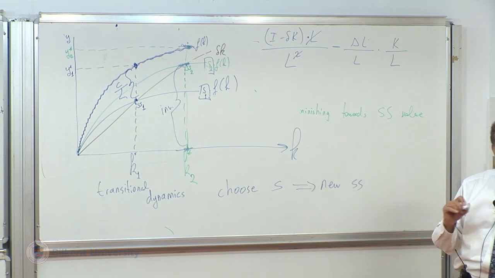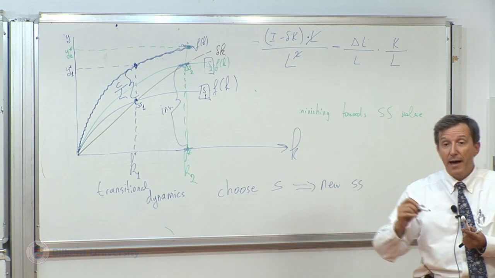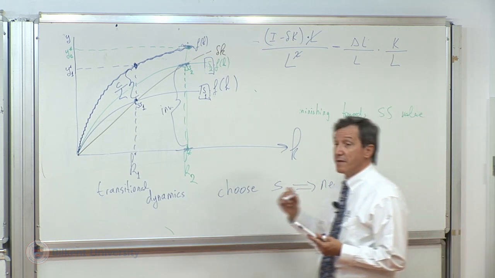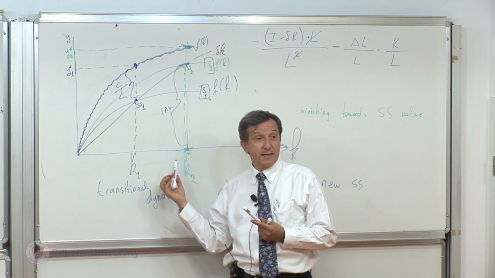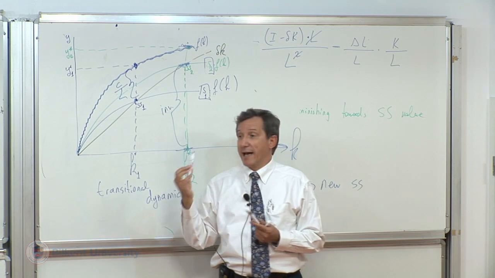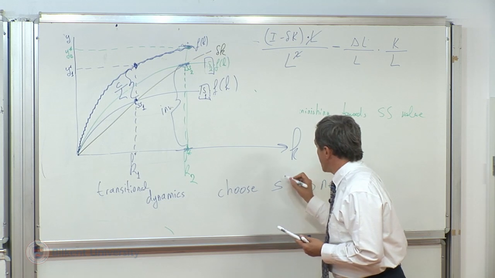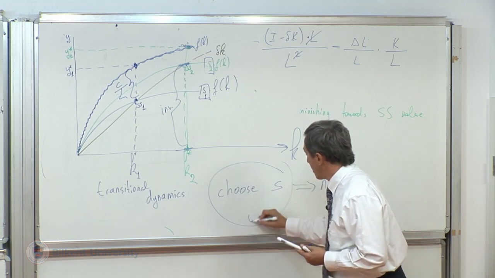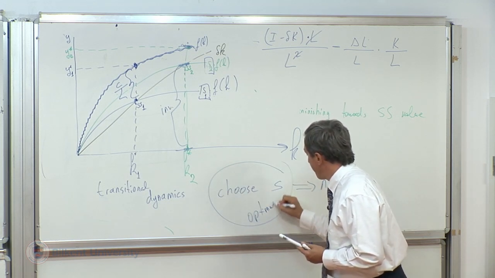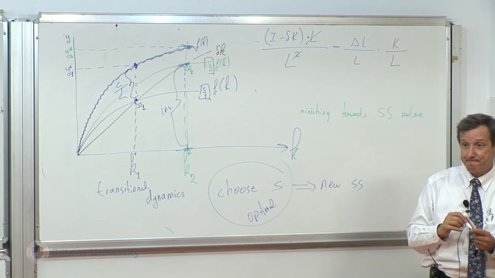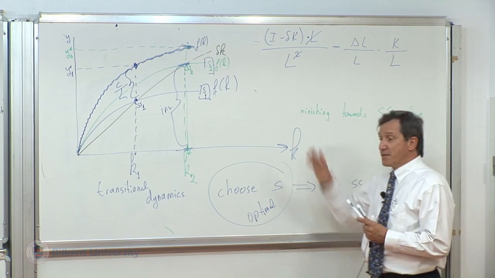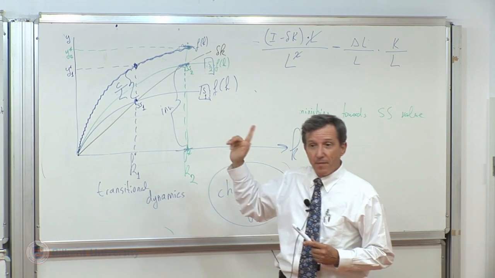In between, there will be a transition towards the final steady state, by choosing the optimal S. This will be our topic on Wednesday. What is my optimal saving rate? This is what we shall do on Wednesday.